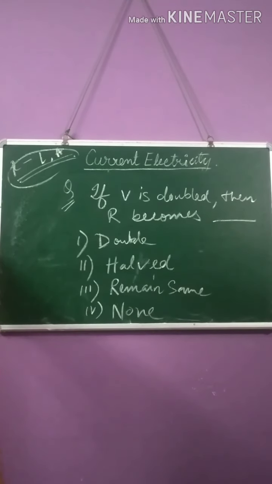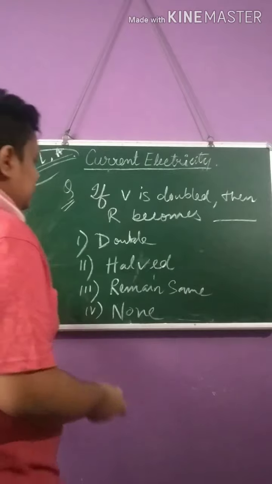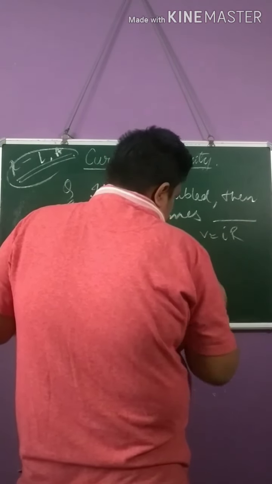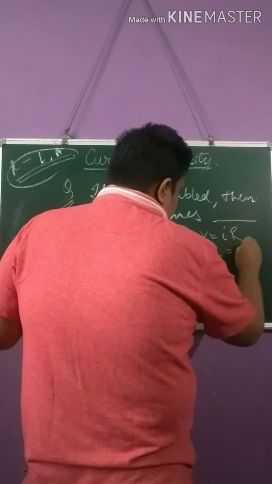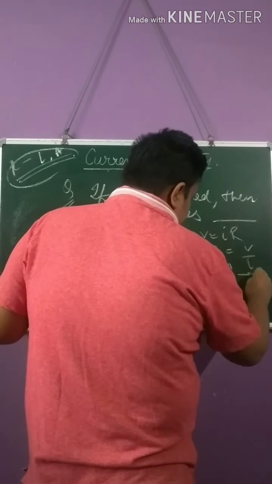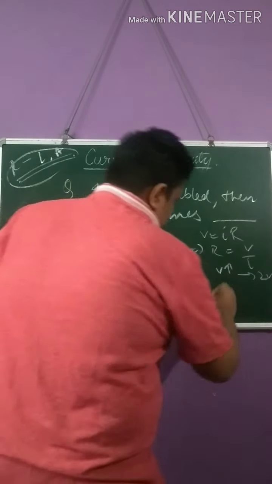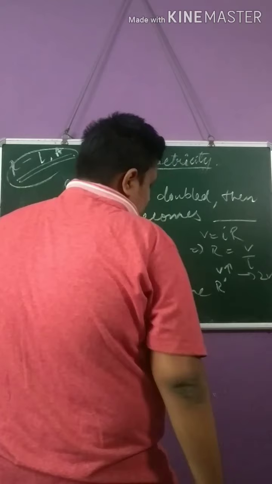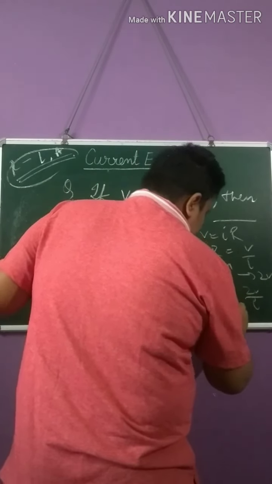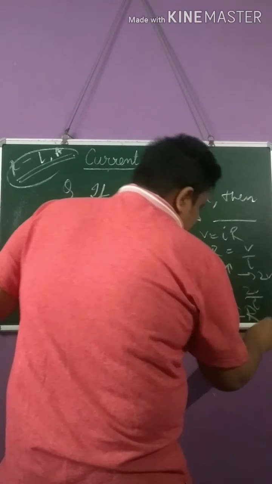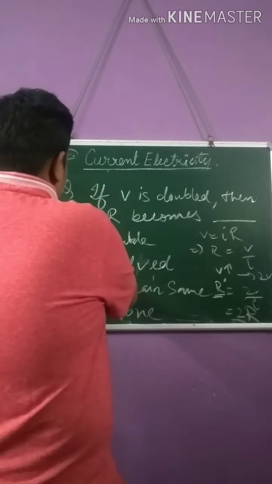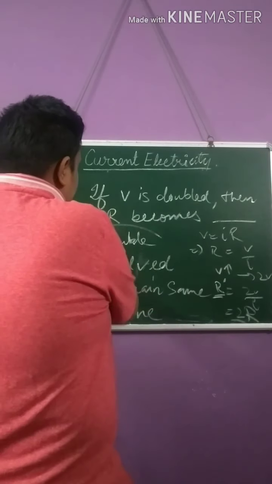Many students will solve this like this: V equal to IR, so R equal to V by I. Now V is increased to 2V, so the new resistance R dash will be 2V by I. You can write this as 2R. So R dash equal to 2R means it seems doubled, but this will be a wrong answer.